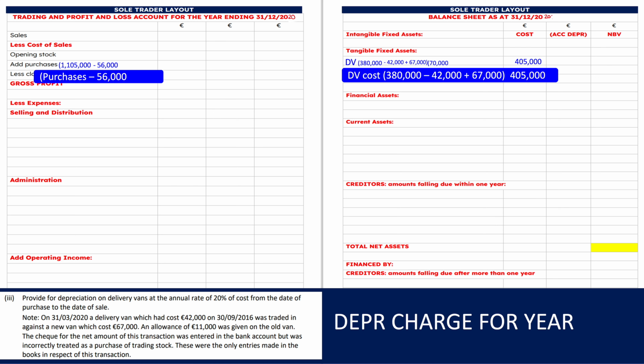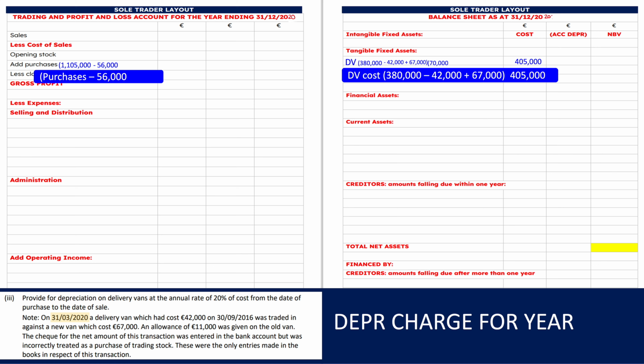Our depreciation charge for the year, we're going to have to look very carefully at the date at which we traded in the old and bought the new. So for 3 months, 380,000 was the cost of our vans, and then for 9 months, 405,000 was the cost of our vans. So it says, provide for depreciation on delivery vans, annual rate of 20% of cost from date of purchase to date of sale.